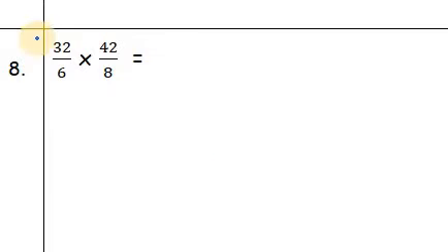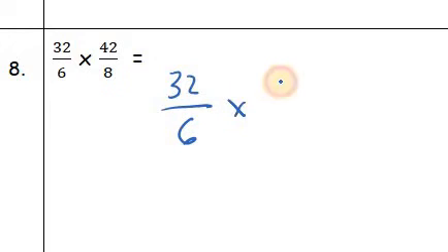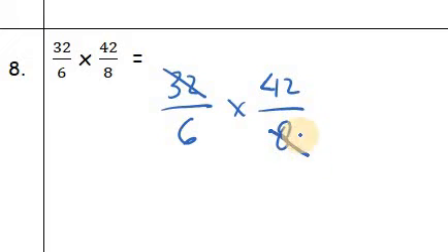This is 32 out of 6 times 42 out of 8. Same thing, so let's list it down again. I think we have common factors between these two fractions. You see 32 and 8; the greatest common factor is 8. So 32 divided by 8 is 4, and 8 divided by 8 is 1.